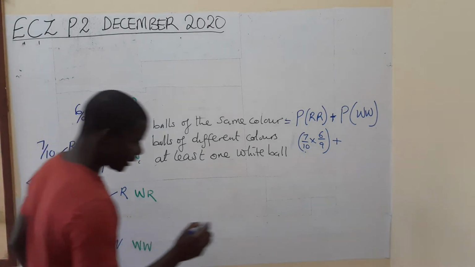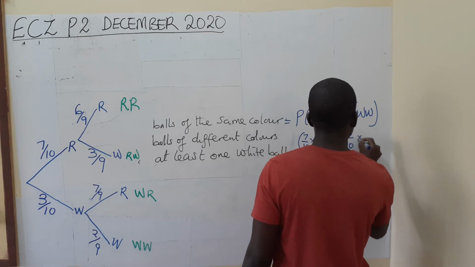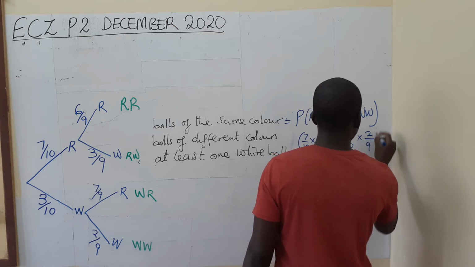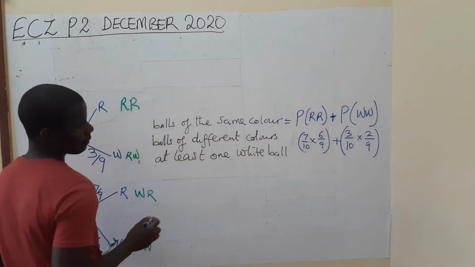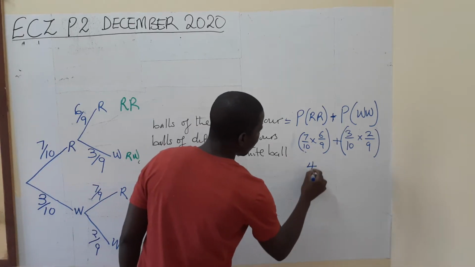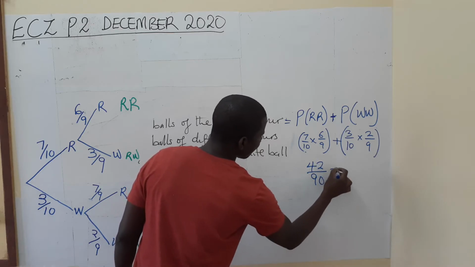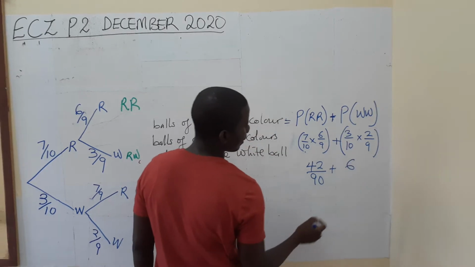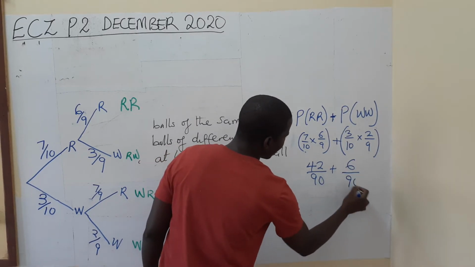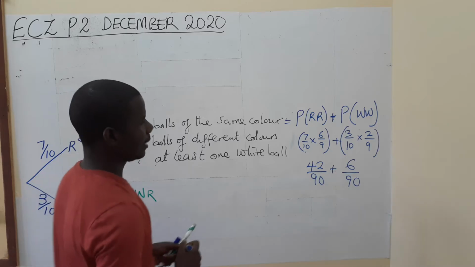The first one is going to be 3 over 10 multiplied by 2 over 9. Are we together? That is what we're expecting. So this is going to give us 42 over 90 plus 6 over 90.